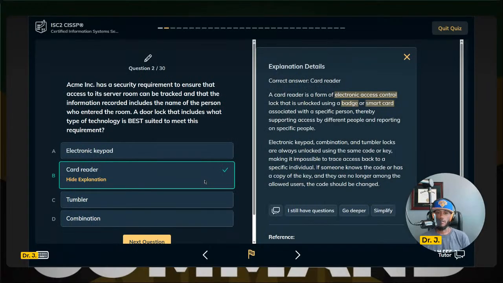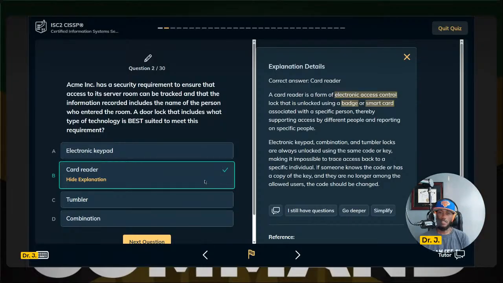A card reader is a form of electronic access control lock that is unlocked using a badge or smart card associated with a specific person, thereby supporting access by different people and reporting on specific people. This question wants that measure of accountability, even non-repudiation, where you'll be able to track.